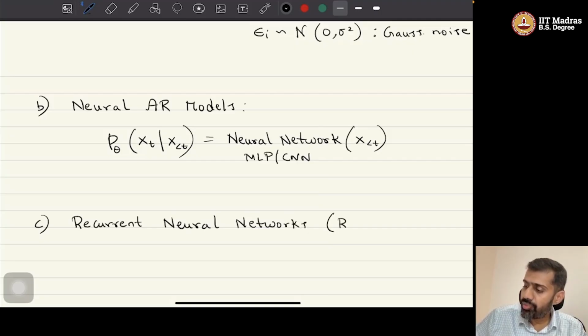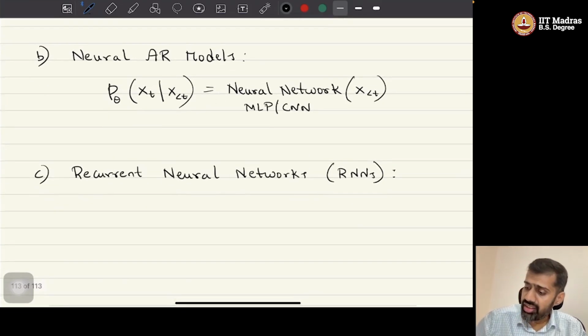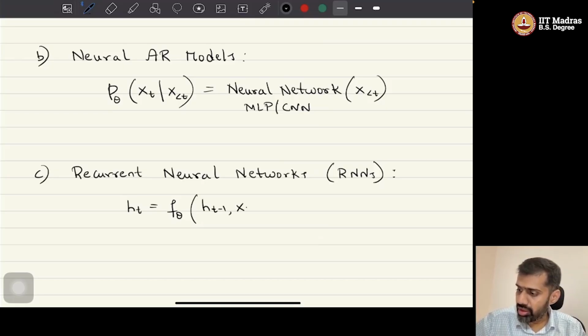All the models that you see, such as GRUs, gated recurrent units, and LSTMs, long short-term memory networks, belong to this family, where the idea is that there is a hidden state that is assumed. The way a recurrent neural network works is, you make ht, the hidden state, equal to some function f theta of the previous hidden state h t minus 1 and x t minus 1.